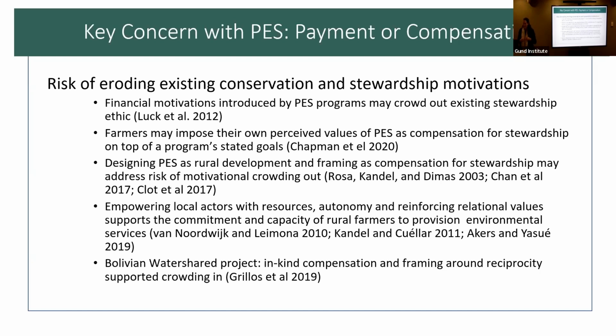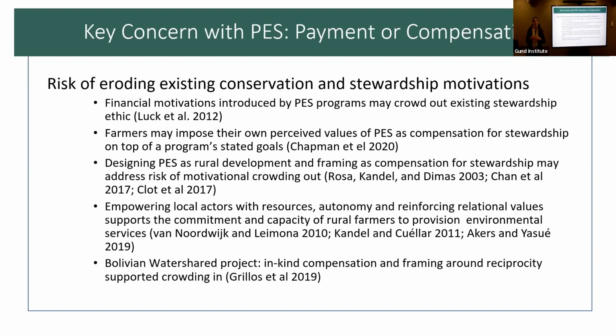And then I think there's a lot of literature about designing payment for ecosystem services as rural development rather than payment, and framing it as compensation. The terminology counts. When you use a different word, it really changes how people react, and it can address those issues of motivational crowding out. So there are examples where, instead of paying somebody, maybe you give them a credit towards a development.